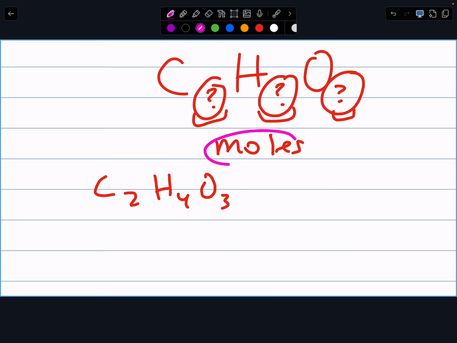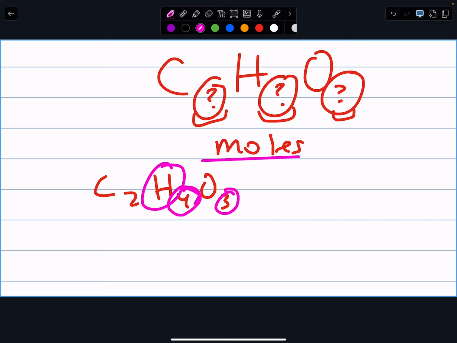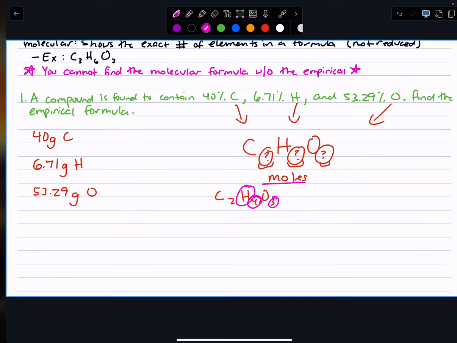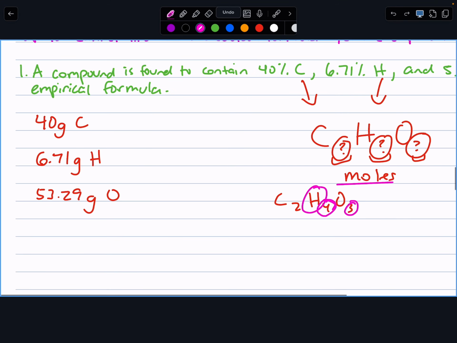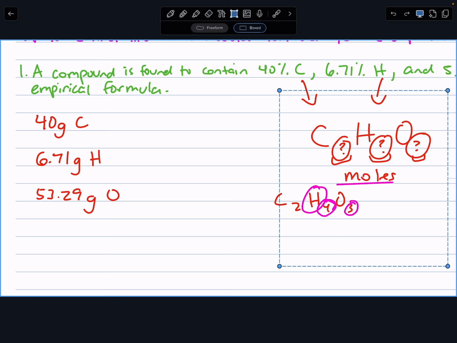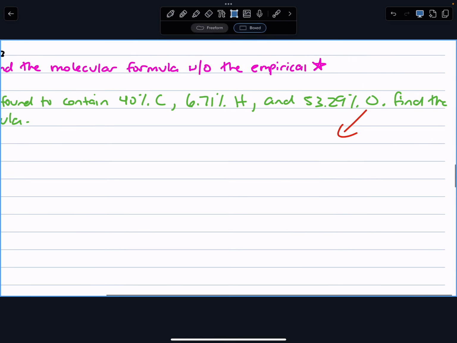Good. 2 moles of C. I could say also what? 4 moles of hydrogen. And what? 3 moles of oxygen. So we want to get those numbers, so I'm going to change the grams to what? Beautiful. Moles. Simple. Okay, I'm going to erase this. So we're going to change these to moles.